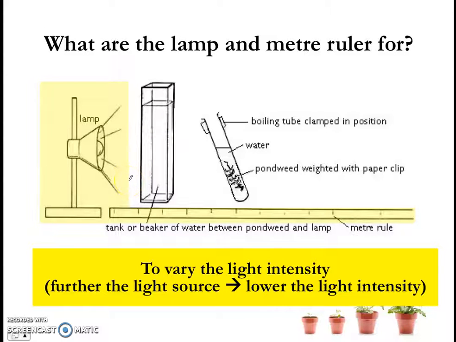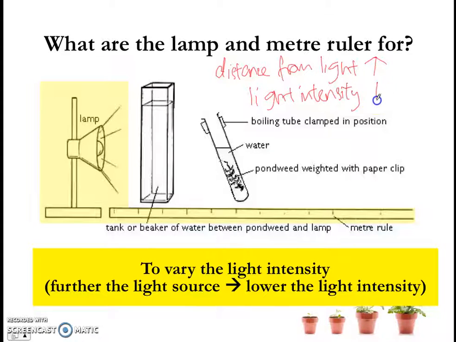Right, but as we place the plant further and further from the light source, or as the distance from light increases, the light intensity would decrease, right? As I move this plant further and further away, you'll get a less and less intense light.